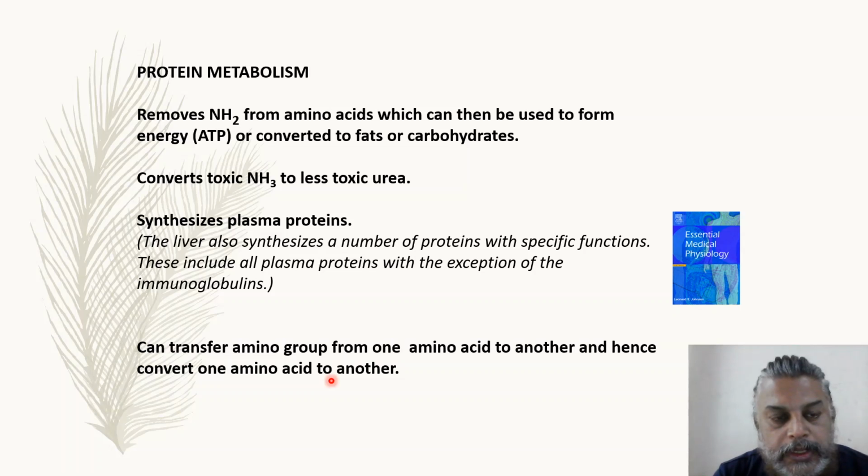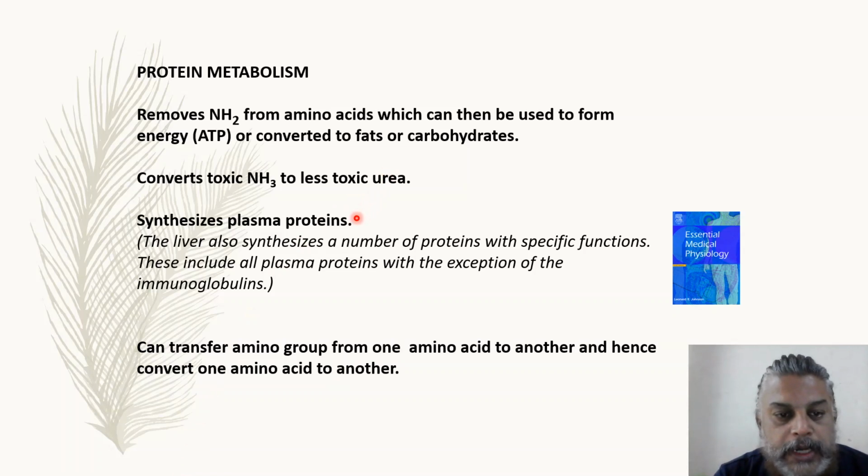In protein metabolism, this liver removes amino NH2 from amino acids, which can be then used to form energy, or it may be converted to fats or carbohydrates. The liver also converts the toxic ammonia to less toxic urea.